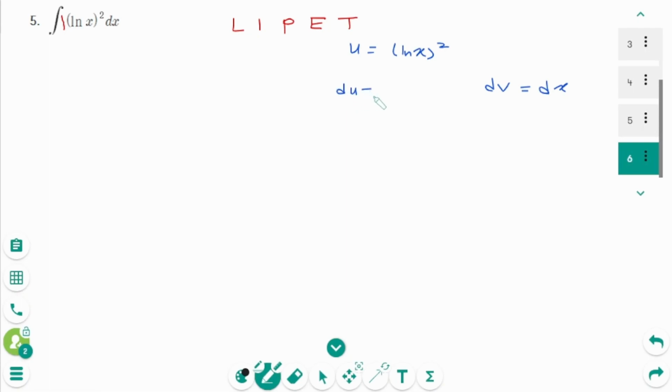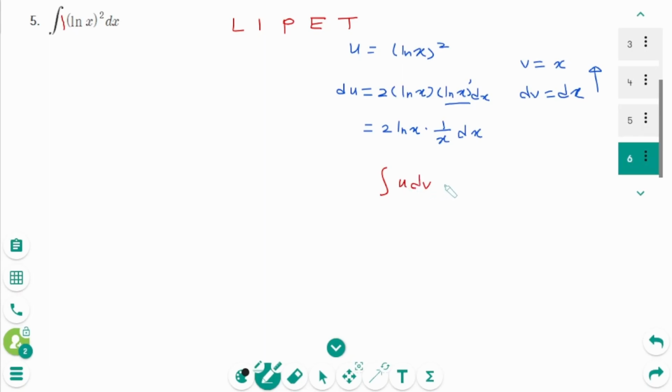Then du equals, derive on each side, 2 ln x times ln x prime dx equals 2 ln x times ln x prime is 1 over x dx. v equals x. Use the formula. The integral of u dv equals uv minus integral of v du.